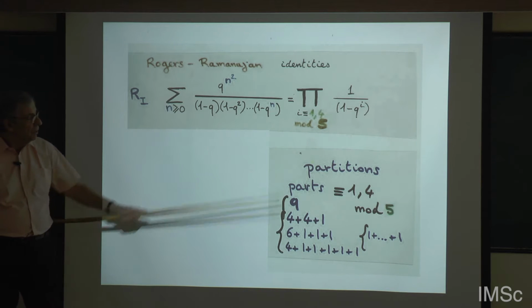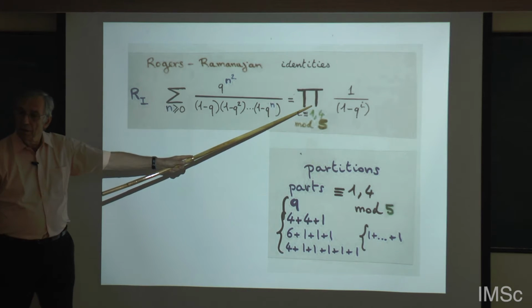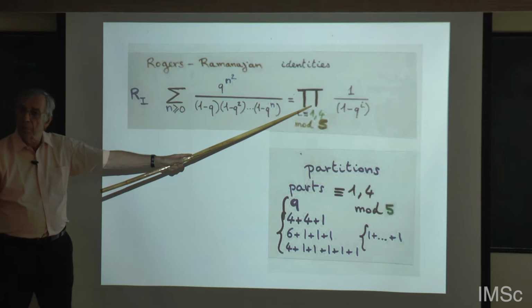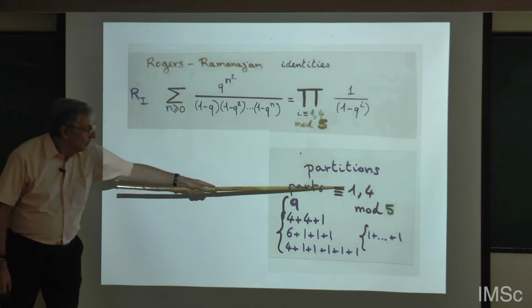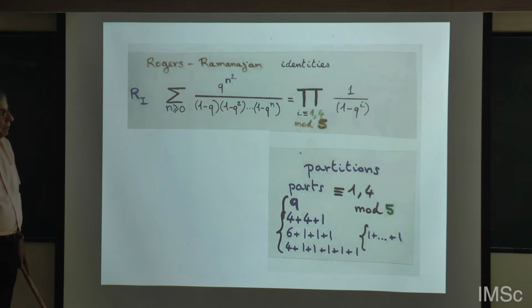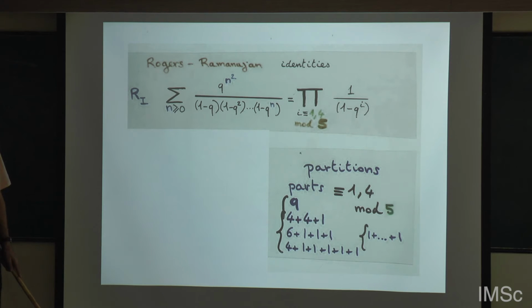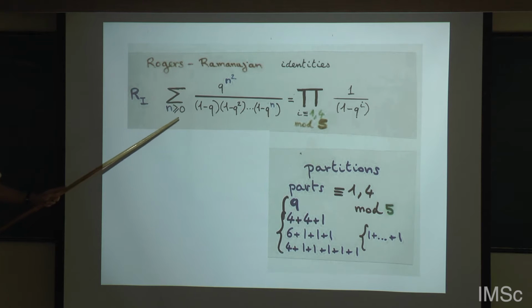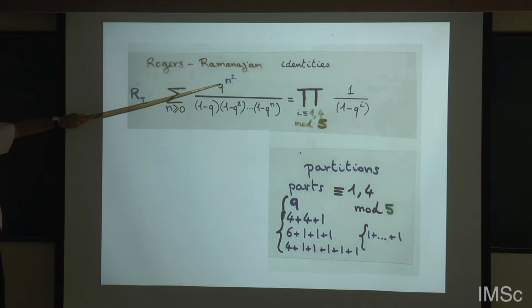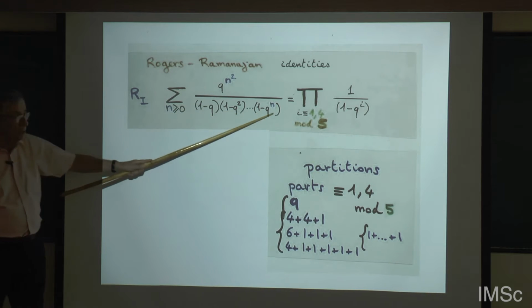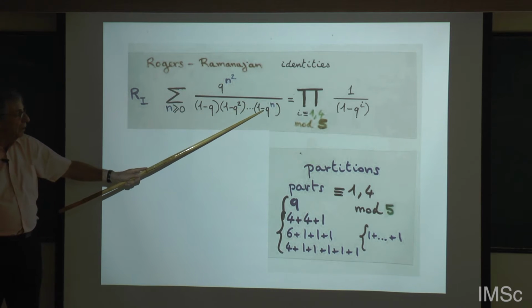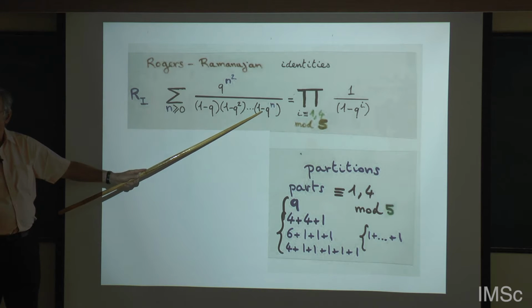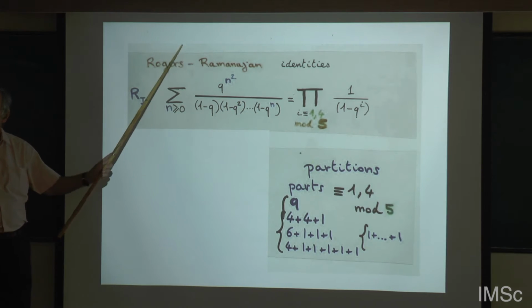So this is the right-hand side. The interpretation of the right-hand side is a partition with some constraint on the parts of the partition, or on the number of columns of each rectangle of the partition. Now, what does the left-hand side mean? If it was only a 1 here, then this would be the generating function for Ferrers diagrams having at most n columns, or symmetrically at most n rows.